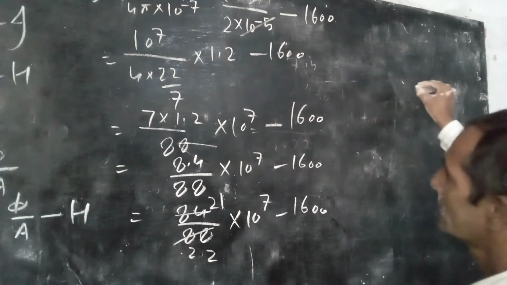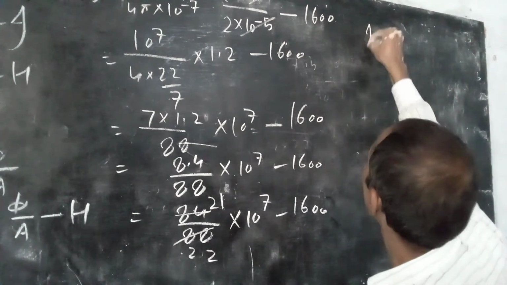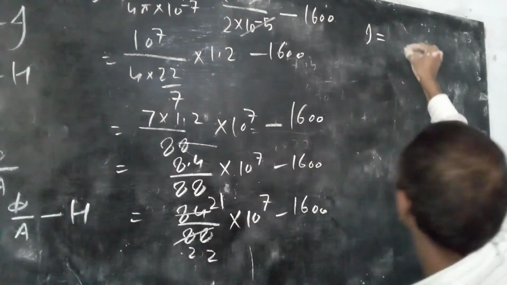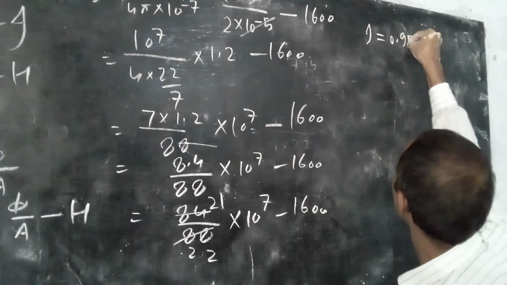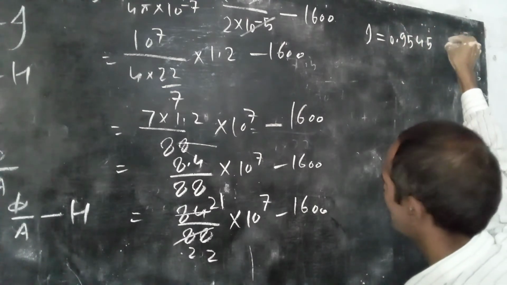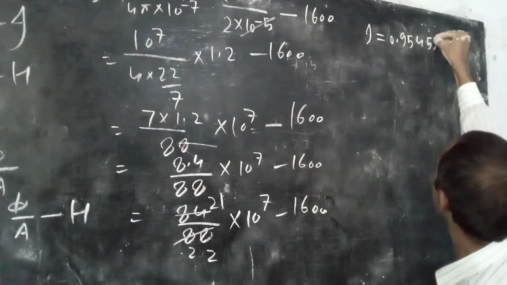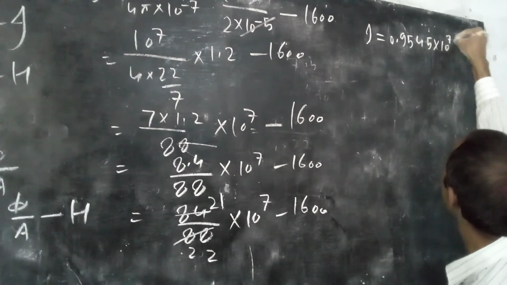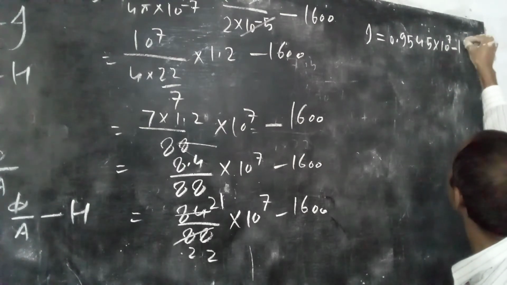So right here I is equal to 0.9545 into 10 raised power 7, minus 1600.